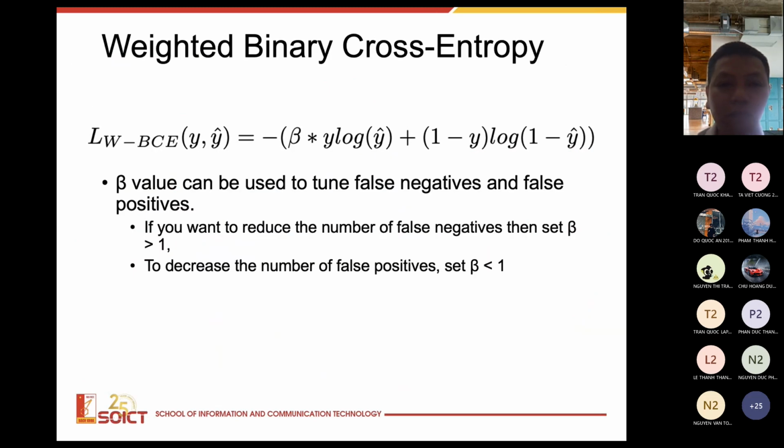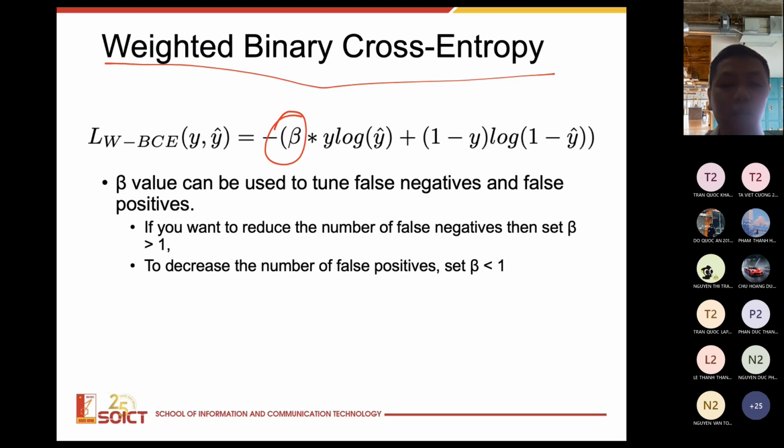So we can have one extension of binary cross entropy loss. Its name is weighted binary cross entropy loss. So we can use the beta hyperparameter here for the weighted binary cross entropy.